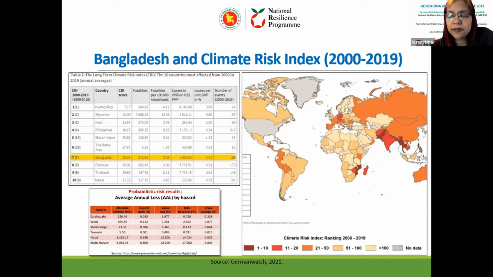This is a yearly publication, and Bangladesh is always in the top 10 countries. So this shows that we cannot treat disaster risk reduction and disaster management as less important for our resilient development.